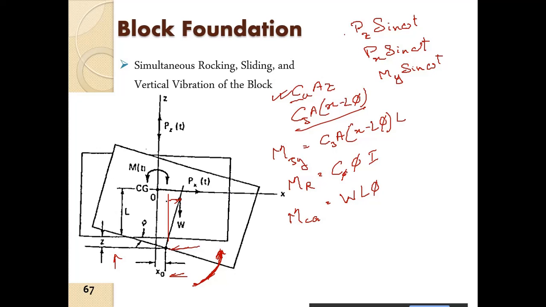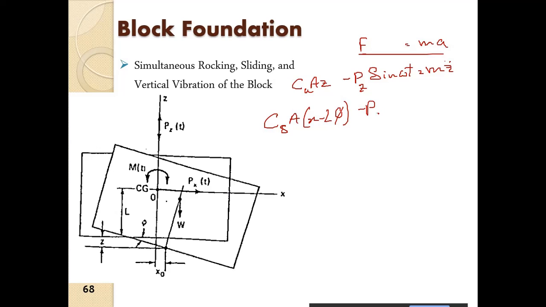And what are the other forces? So we have minus Px sine omega t, is equal to mass into acceleration in the x direction. Okay, so that is the force equilibrium along the x-axis.